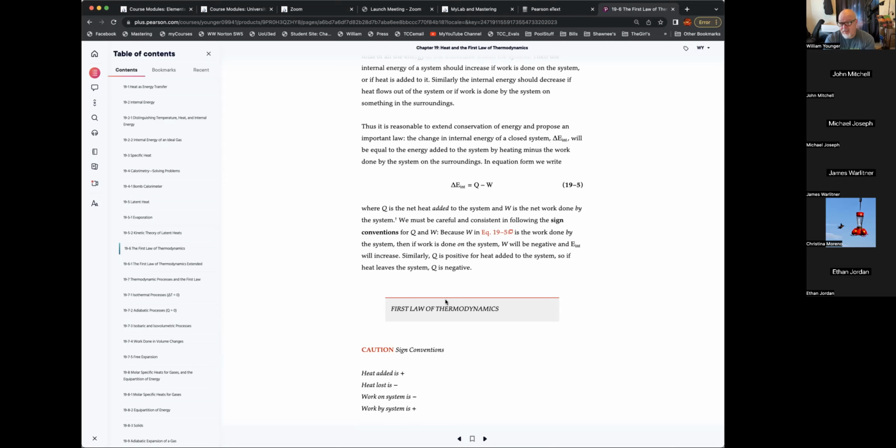And on the left-hand side, that's right, because there exists in some sense a dE internal such that you could write the partial of E internal with respect to P times dP plus the partial of E internal with respect to V times dV plus the partial of E internal with respect to T times dT. In other words, there's a real exact differential.